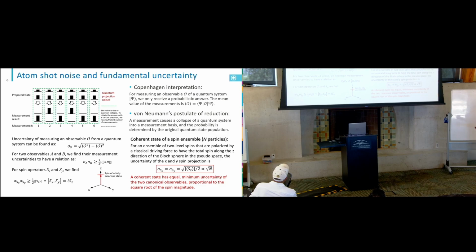So it depends on the initial probability or amplitude of the original superposition state. But a single measurement will just give you one result, and you cannot really tell what the real amplitude is between the two associated states.